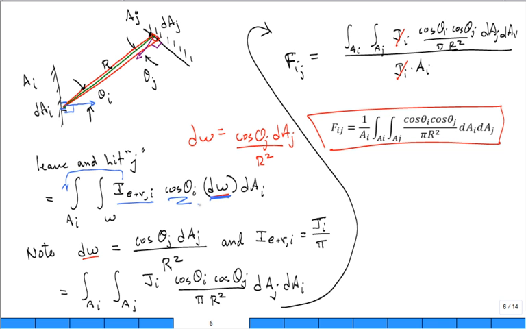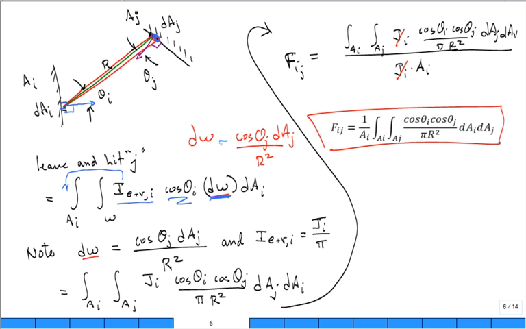We're just going to integrate over the solid angle that goes and hits surface J. Well, that's a different way of representing d omega, the solid angle. Here it's the cosine theta j dAj, so it's that normal area at the end of a little cone of solid angle d omega. So it's cosine theta j dAj divided by r squared. That's what d omega is.